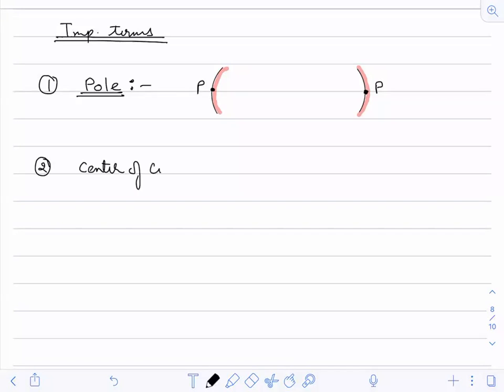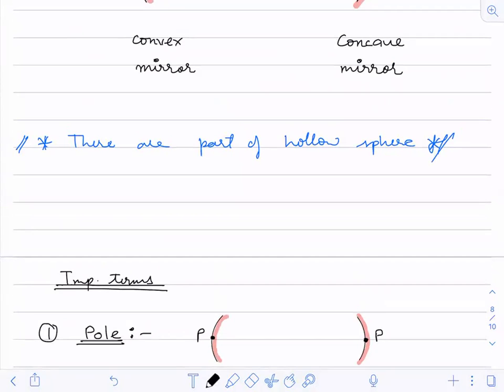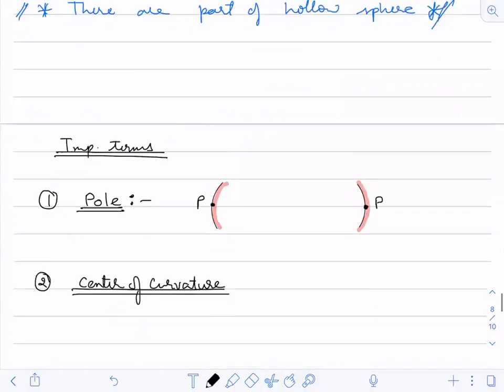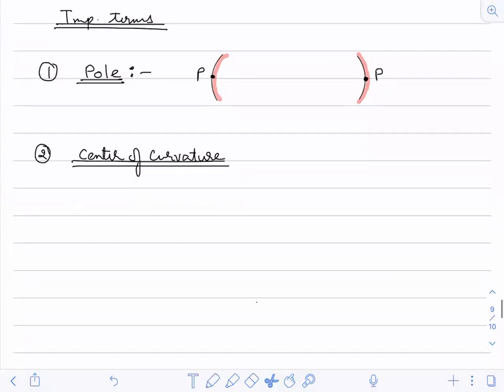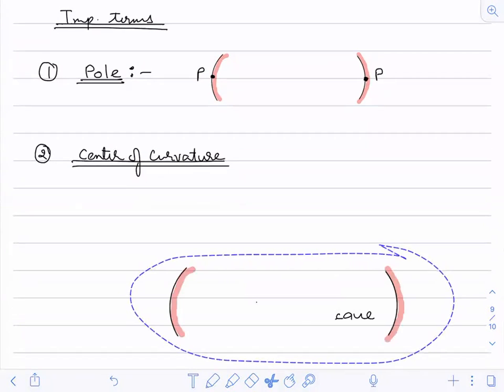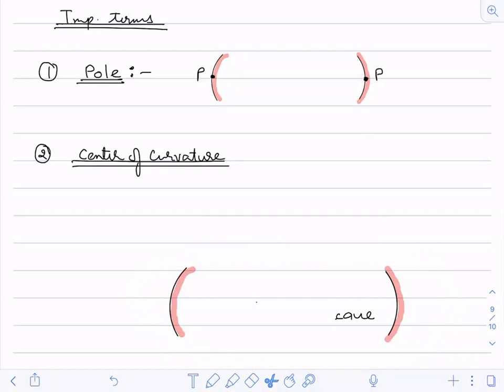I have told you that you have to remember one line, that these are part of a hollow sphere. Now we will use that. What did I say? That these are the parts of a hollow sphere.